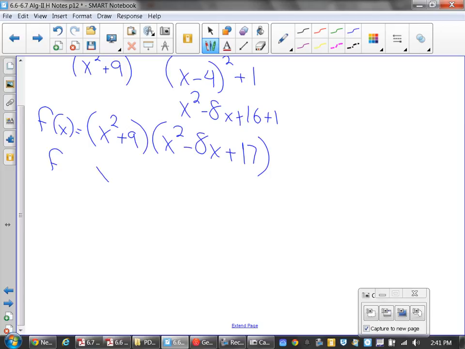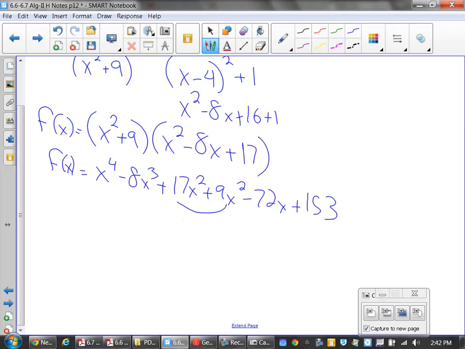So it's your f of x, x to the 4th, 8x cubed, 17x squared, 9x squared, minus 72x plus 17. And then this one just becomes 26x squared.